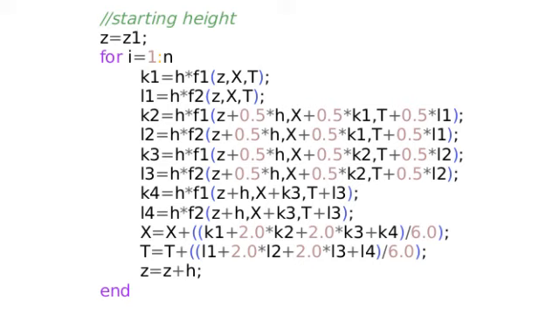This is the loop actually, and you are calculating all the parameters required in the Runge-Kutta method: K1, L1, K2, L2, K3, L3 and K4, L4, and finally all these values you will put in the conversion X and the temperature T, and this loop is run up to n iterations.